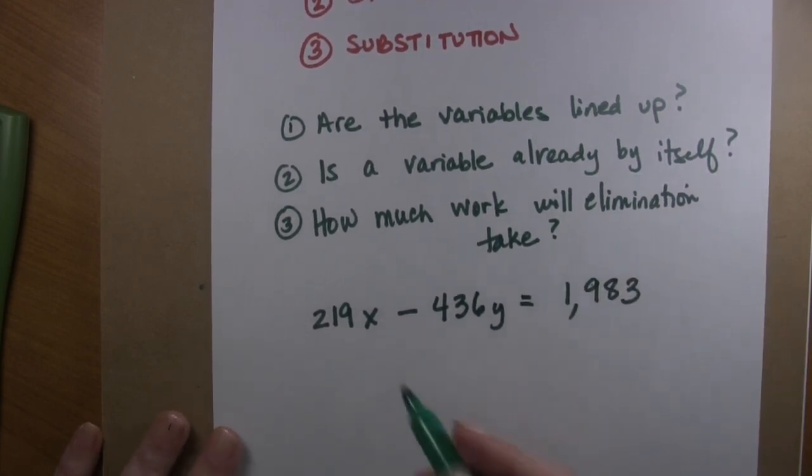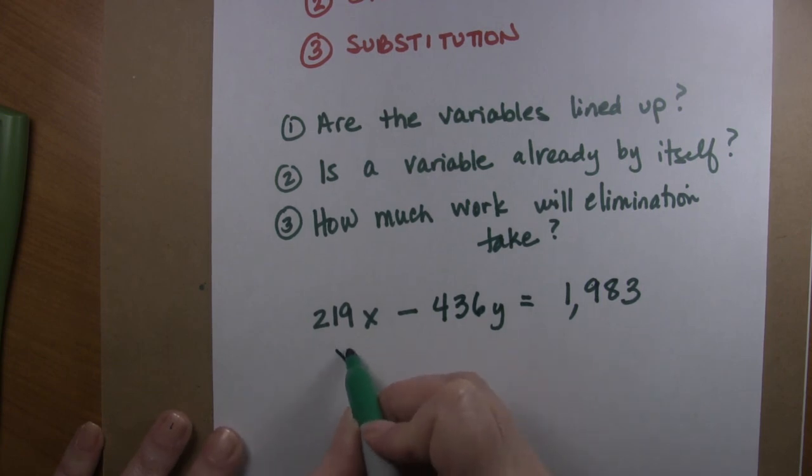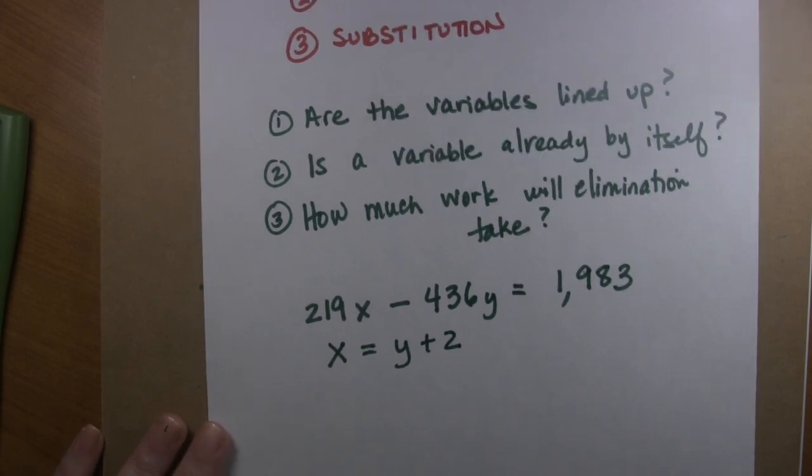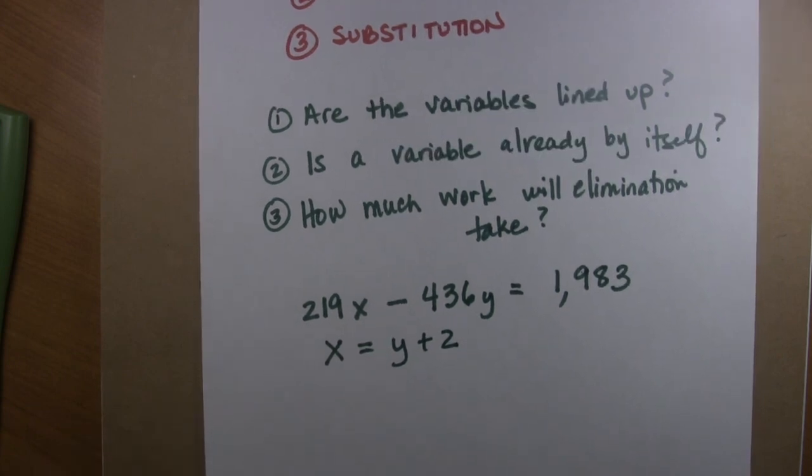If you have that equation plus x equals y plus 2, then you can say, okay, that would take a lot of work for me to multiply this together and then deal with these big numbers and stuff.